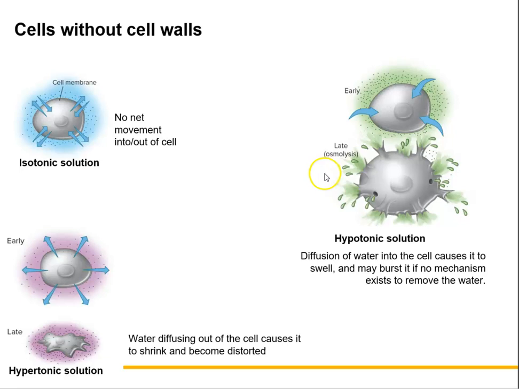And notice this is a cell without cell walls. So it is going to swell until it bursts if there's no mechanism to remove that water. On the other hand, if you take this cell and you place it in a hypertonic solution, you're going to see the cell shrink. This is because the water leaves the cell and goes into the hypertonic environment.